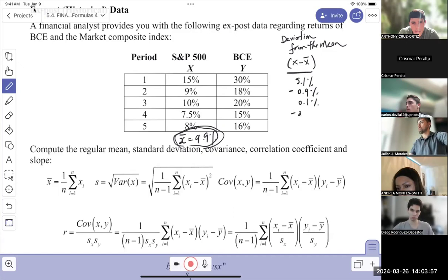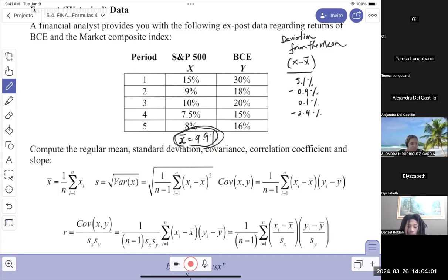Negative 2.4. Okay. And negative 1.9. Yeah, negative 1.9. 0.9. Okay, so here we have the deviations from the mean.